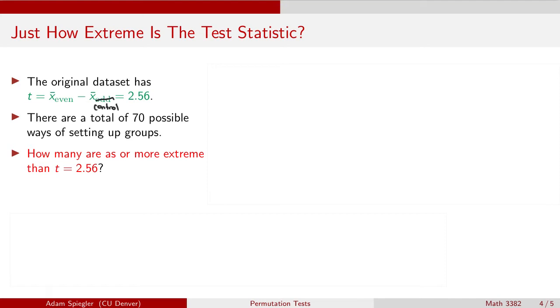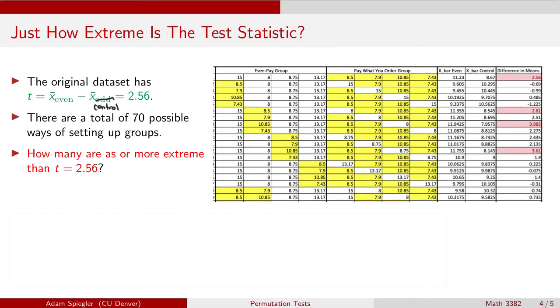In this case, 70 possibilities is actually not too bad. This is a pretty small data set, and we could actually list out all of these. Over here, it's not too important what's going on. We're going to be using R to create these in class. But what's happening is, here's our original data set, and here was the difference that we observed, the 256.